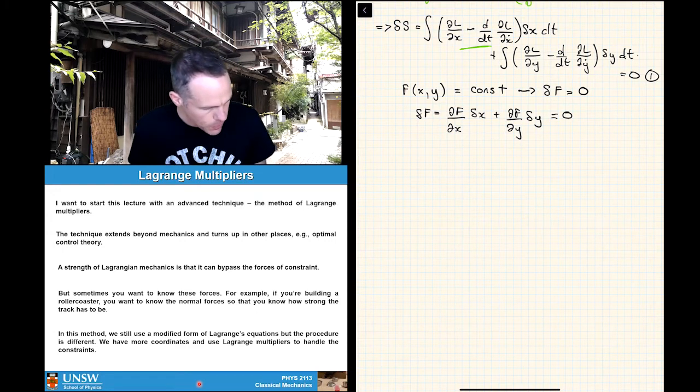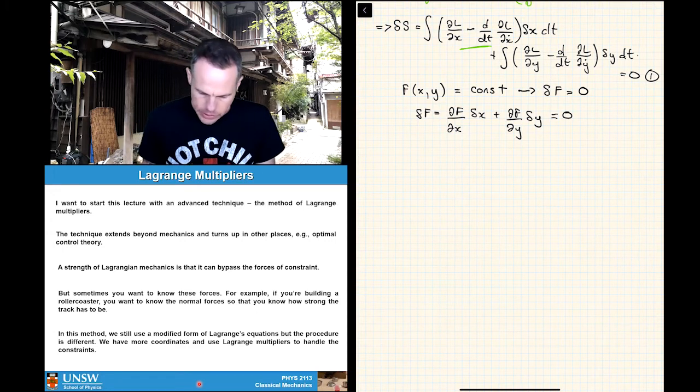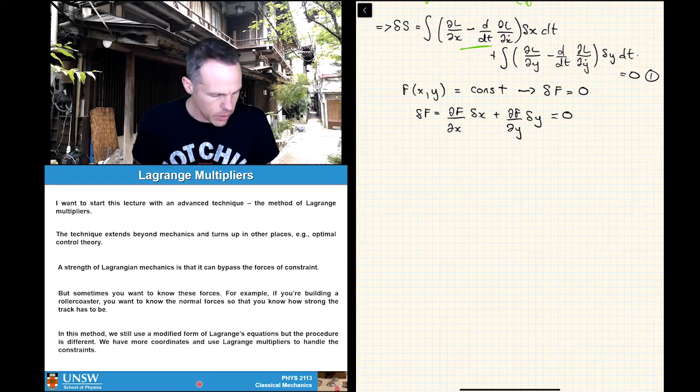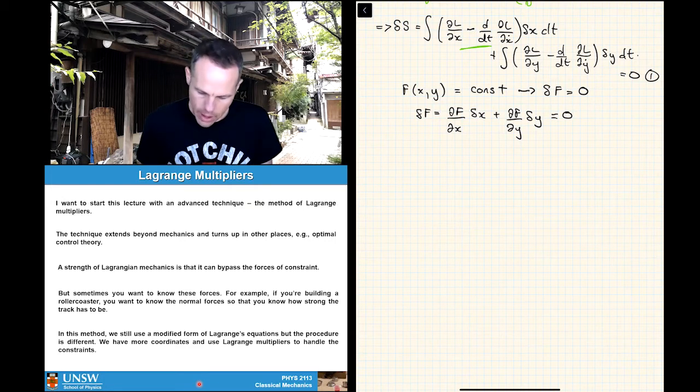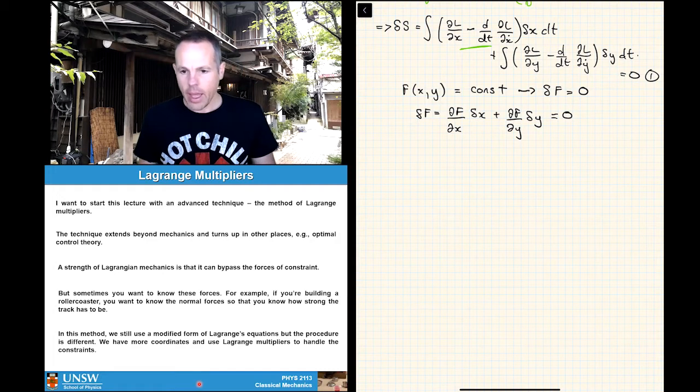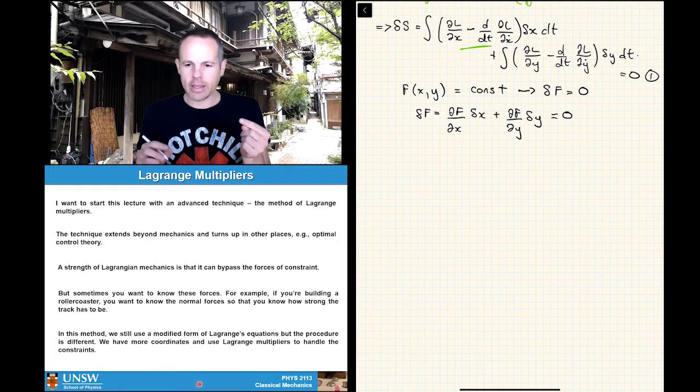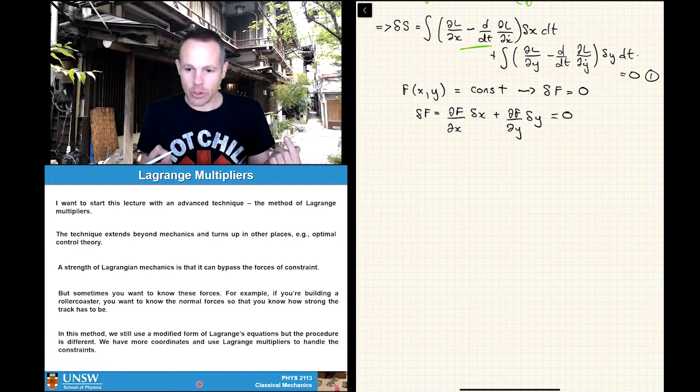Since this thing here is 0, we can multiply it by an arbitrary function and add it to our equation 1. What we're really doing is taking 0, multiplying it by an arbitrary function, so it's still 0, and adding it into something, which is just adding 0 on.